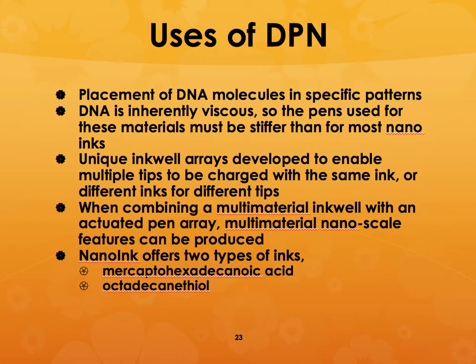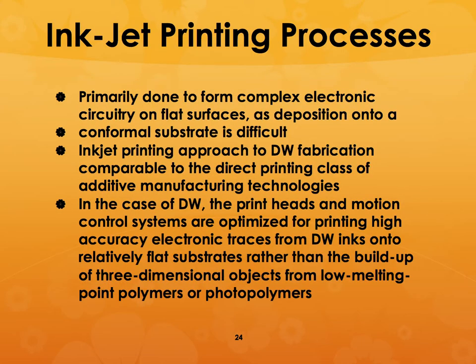So you have different kinds of possibilities. In this case, NanoInk, the company, offers two types of inks. They are both chemical in nature. The first one is an acid, and the other one is a thiol. Depending upon the type of material that you want to develop, you can have different kinds of pens.